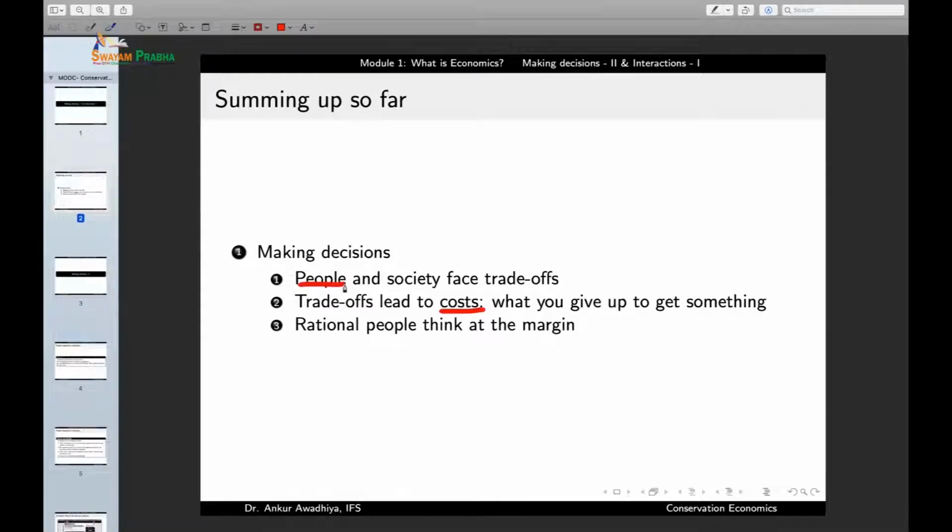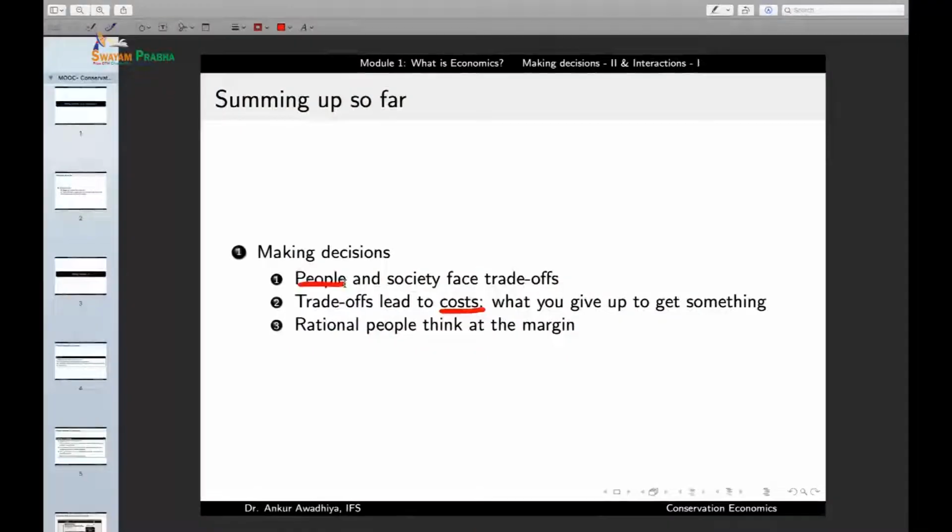Now similarly, society also faces certain trade-offs, primarily in the form of what to produce, how to produce, how much to produce, whom to produce, and so on. So for instance, the society can utilize its resources to produce capital goods or it can use it to produce consumer goods.